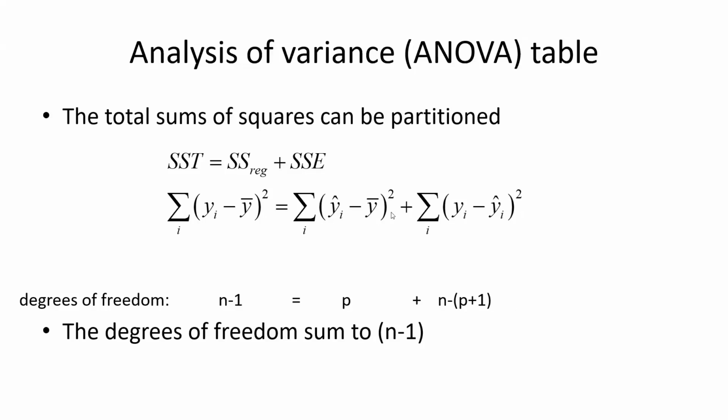And here we have p degrees of freedom, and those just sum together nicely. So why do I have p degrees of freedom? Well, I have p plus 1 parameters, but I'm losing one parameter in estimating the grand mean.